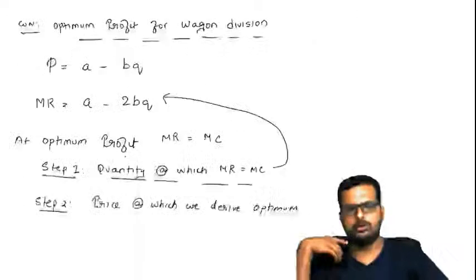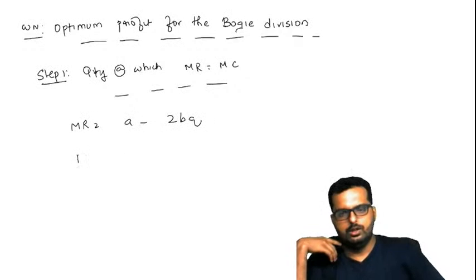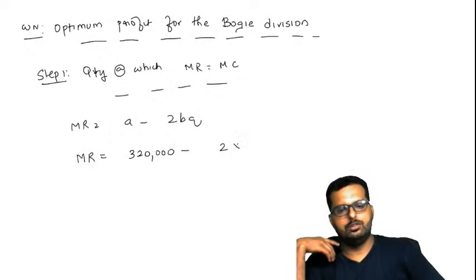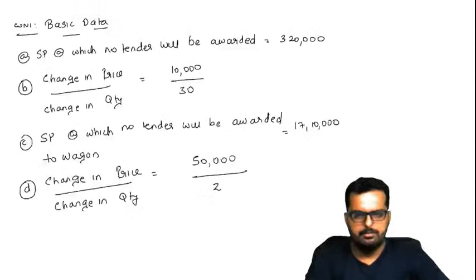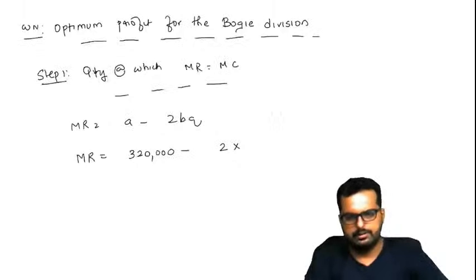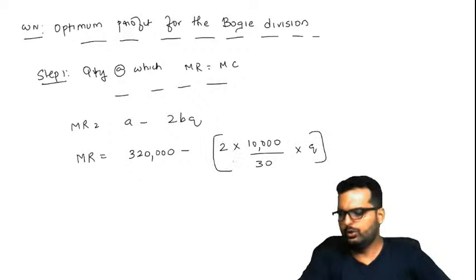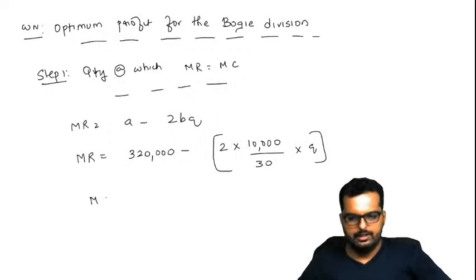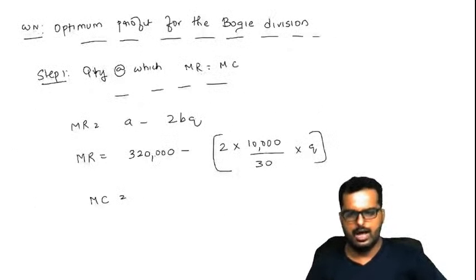So MR is equal to A minus 2BQ, that is 3,20,000 minus 2 into 10,000 by 30 into Q. And MC, found on the first page, is 2,20,000.